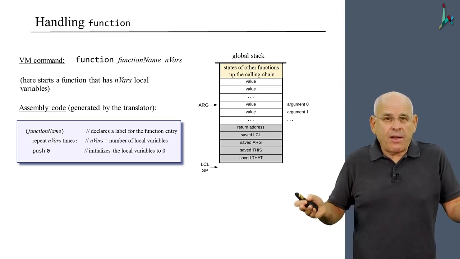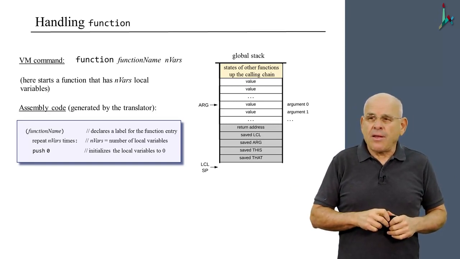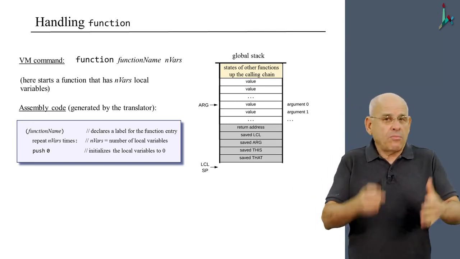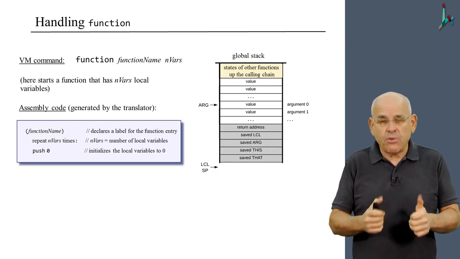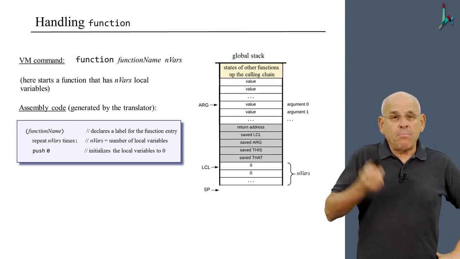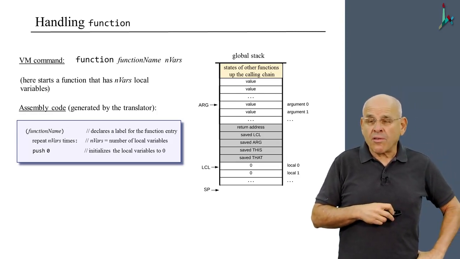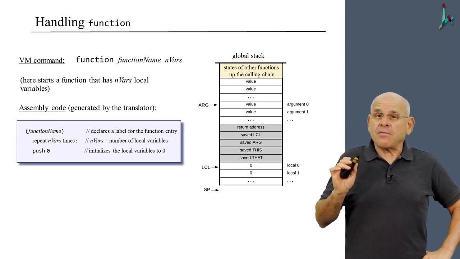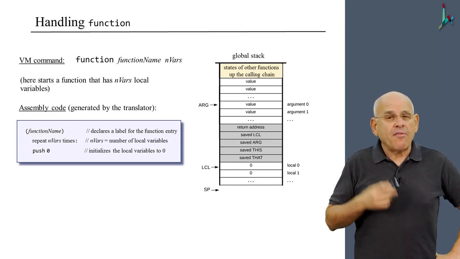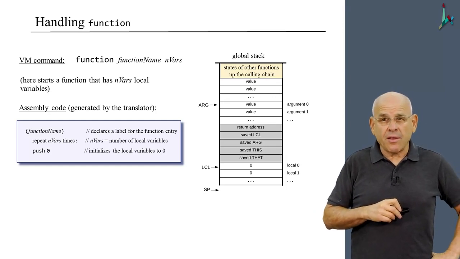I know how many local variables I have to create, and so I create them. I simply push as many zeros as necessary, and I basically build the local segment of the called function. And that's all I have to do, and now the function can start doing its thing.